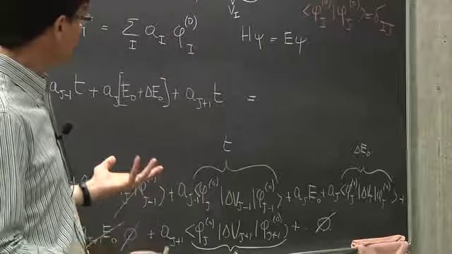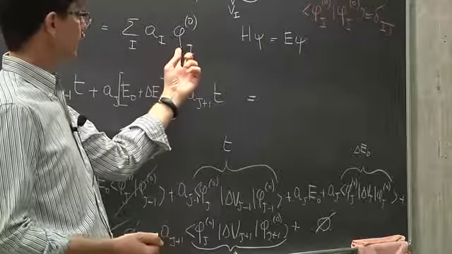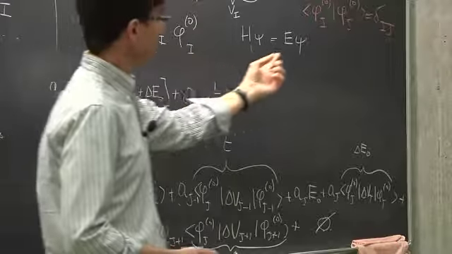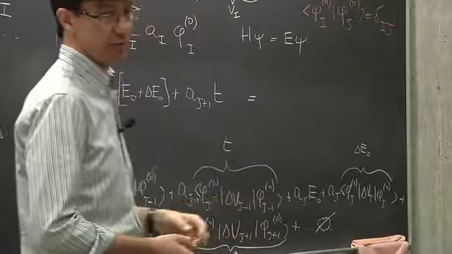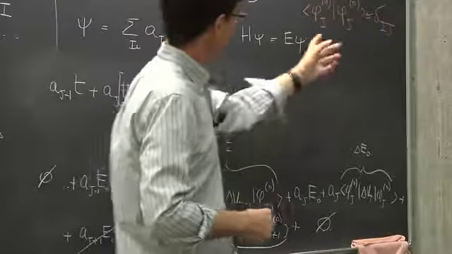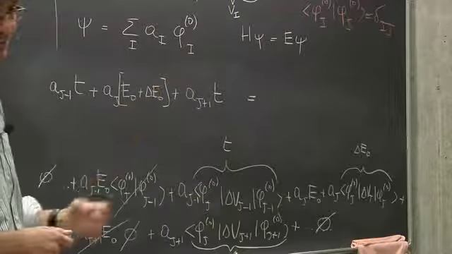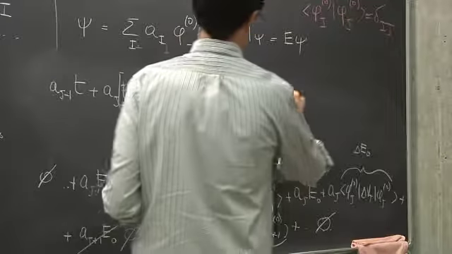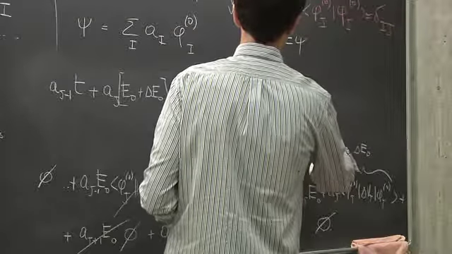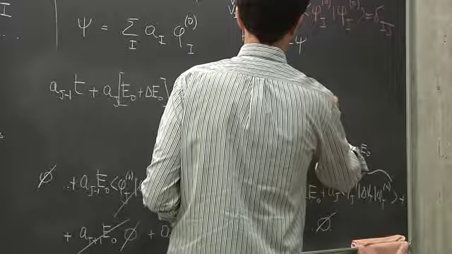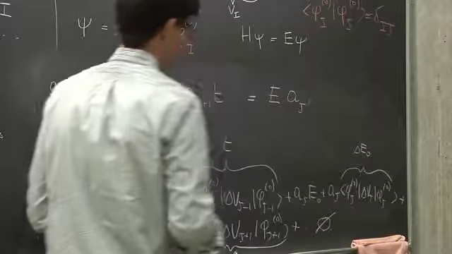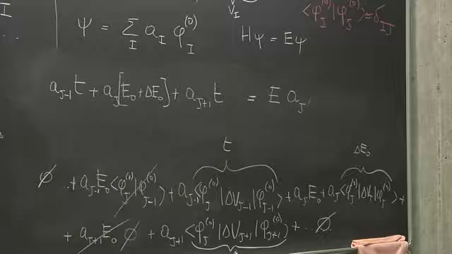But if I project phi j onto the sum of all my phi's, it's simple, because I can just use the orthogonality statement here to select phi j. So obviously, the right-hand side will be E a j, period.